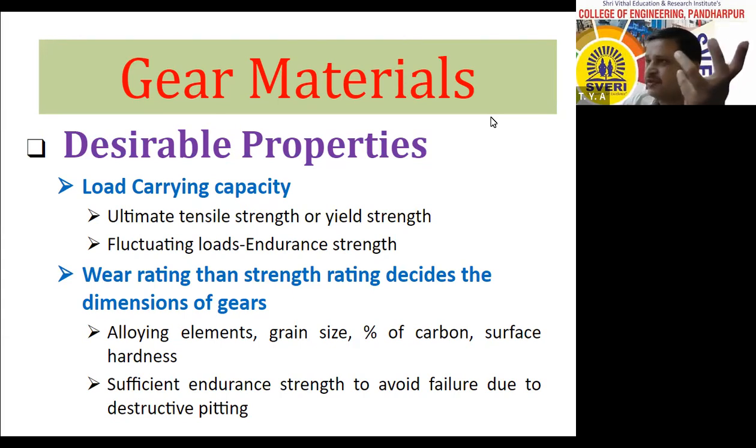Now, in bigger machines, like the sugarcane juice machine, gears are there. If you have not seen, go and see it in the lunch break, so that you can observe which material they are using. There they are using cast iron material.